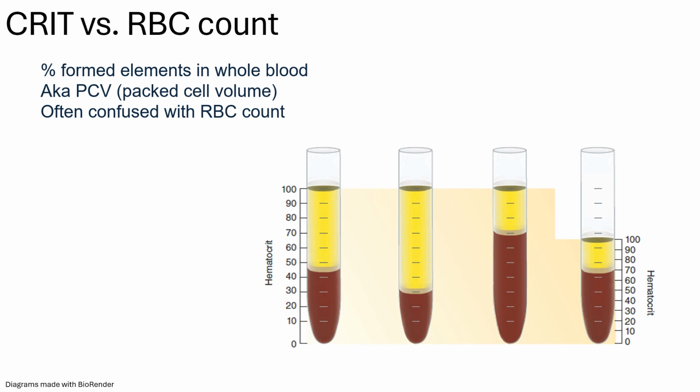So you might immediately think, oh, if I'm anemic, I have a low crit. That's not always true. If your patient has had anemia for a short period of time, that might be true. But let's say that your patient's been suffering from anemia for months without care. There would have been enough time for the bone marrow to try really hard to compensate by making more red blood cells.